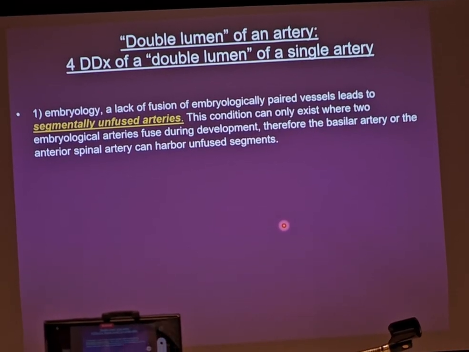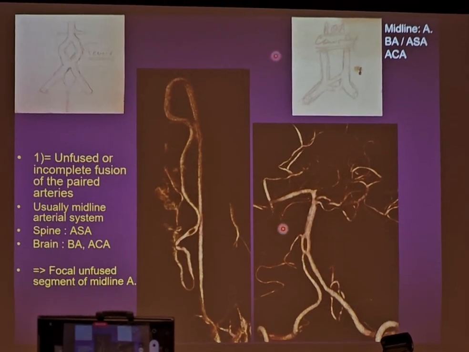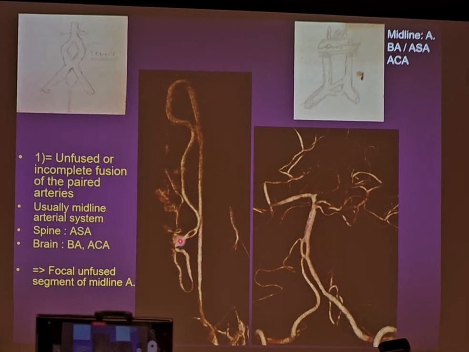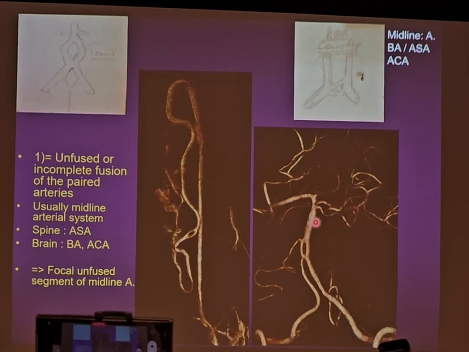So let's go to the example. It will be seen mostly in the midline arteries, for example the basilar artery, which we expect to have complete fusion. But if there is a segment that is unfused, you call this focal unfused, incompletely fused, whatever, rather than fenestration, because calling it fenestration is a little bit confusing.